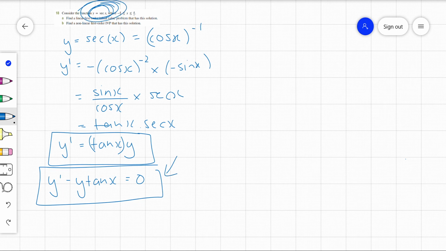So if I think about y equals sec x, for example, if I subbed in x equals 0 to sec x, cos of 0 is 1, so I would get y equals 1. So this together gives you the first order initial value problem, which has a solution of y equals sec x.